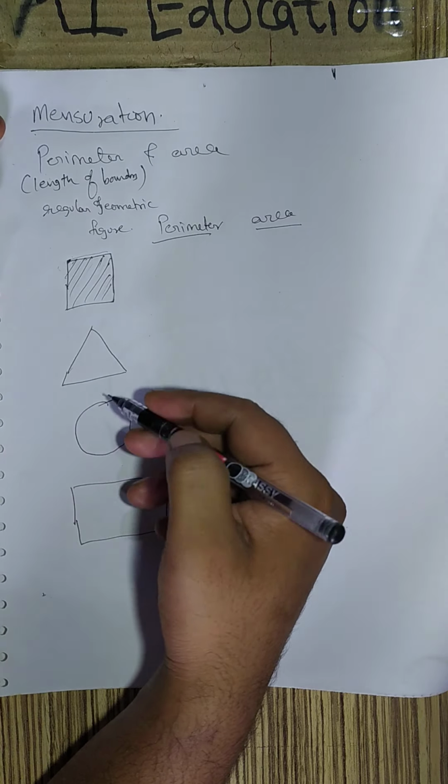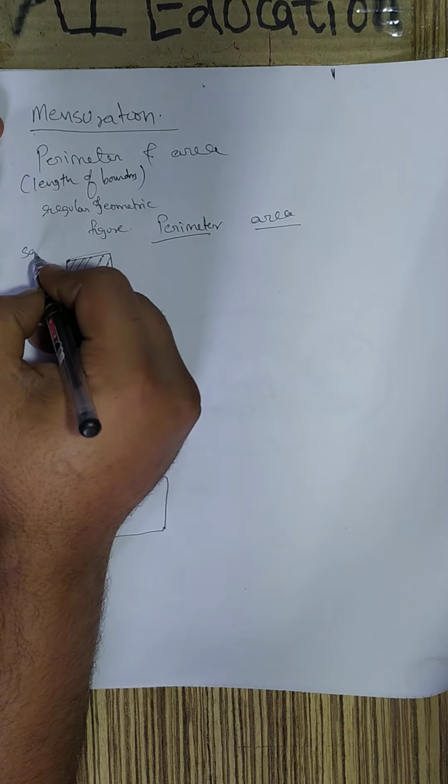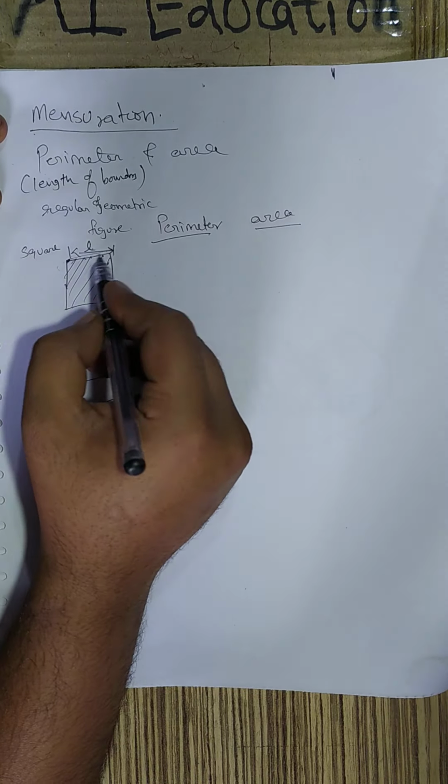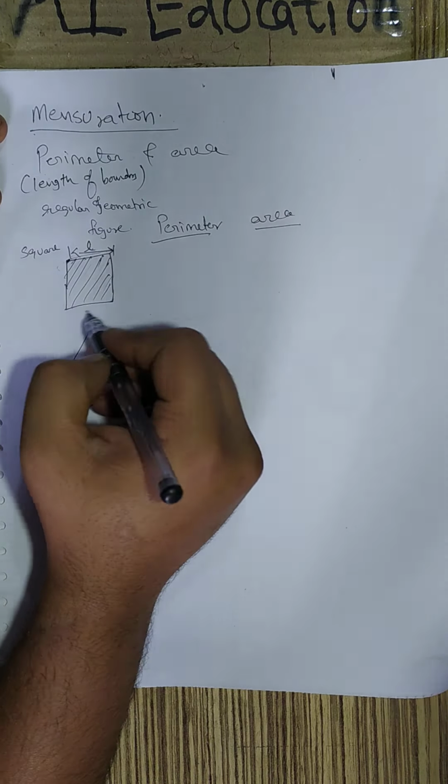How to calculate them? So for square, all the sides are equal. If one of the side is L, then sum of four sides will be 4L, which will be the perimeter of a square. Similarly, area of a square will be L square.